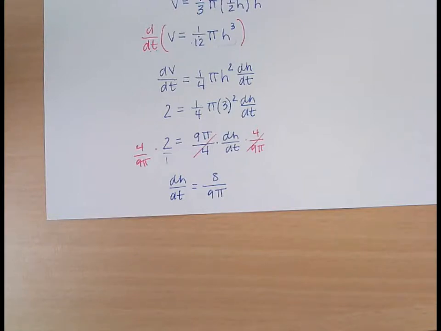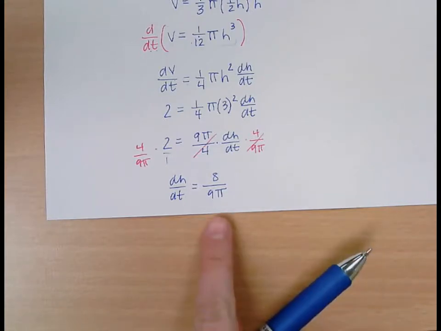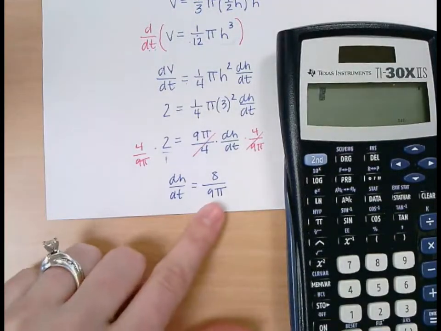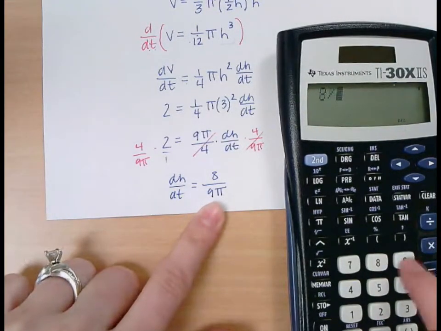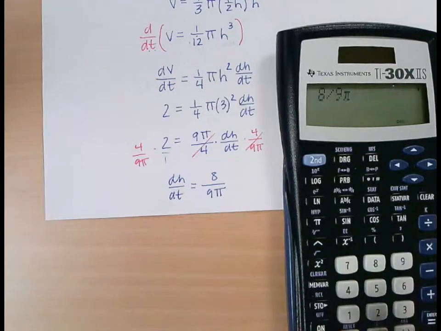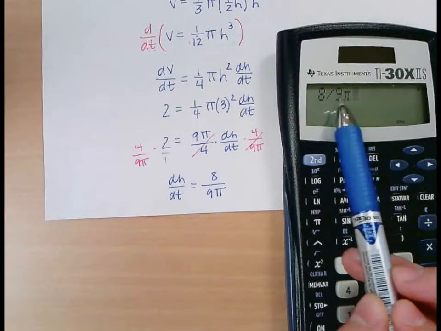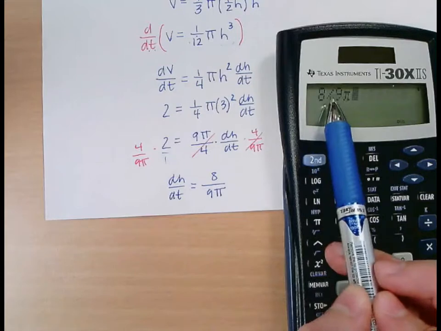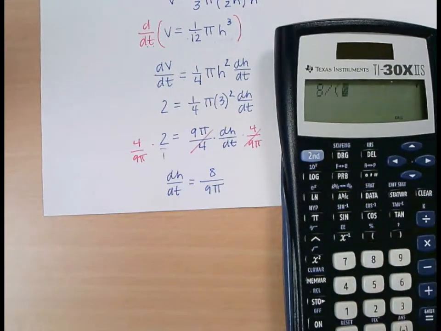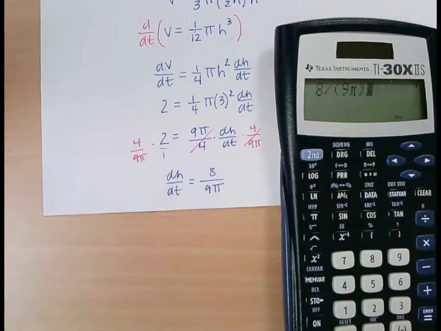That would be the exact answer, which you could leave as exact, or if you gave a decimal answer, you would round it to how many decimal places? 3. And then be careful: if you are dividing this, do not just type in 8 divided by 9 pi. You will not get the right answer, because you want the 9 pi multiplied first. Your calculator is going to divide and then multiply, so you would need to type it in as 8 divided by the quantity 9 pi.